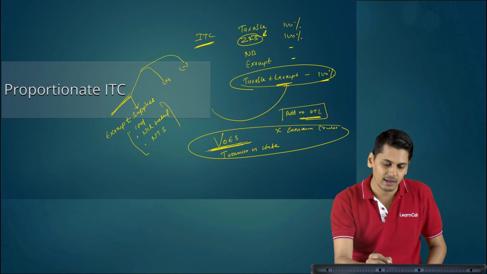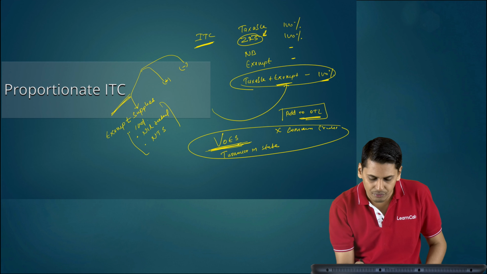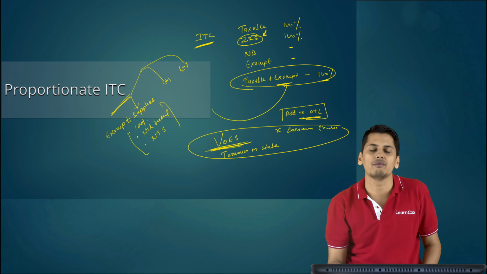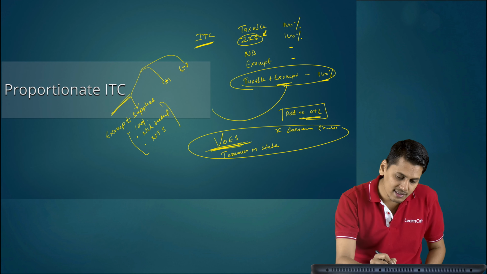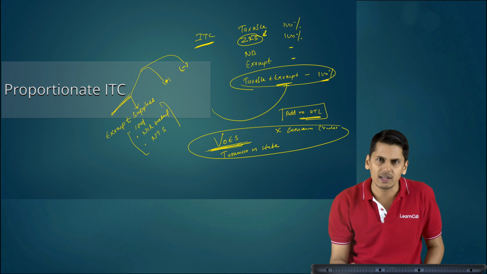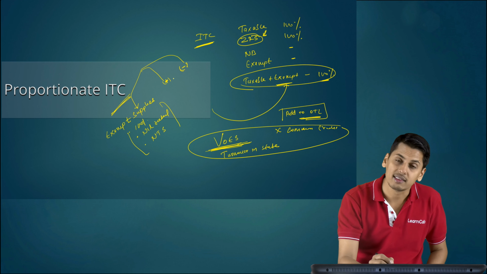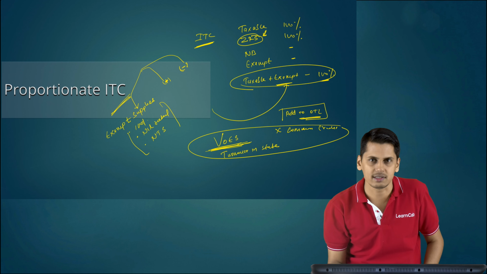Apart from that, there are going to be certain additions in the so-called value of exempt supplies and certain deletions. Now friends, please visualize, whenever there is an addition to the value of exempt supply, is it a loss to the registered person or a gain to the registered person?